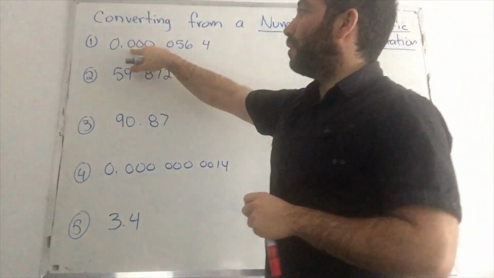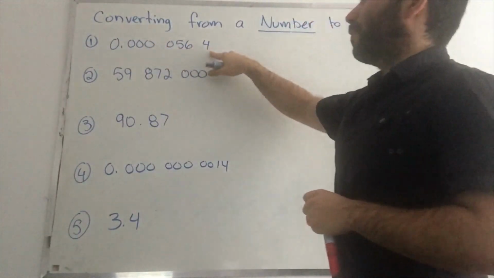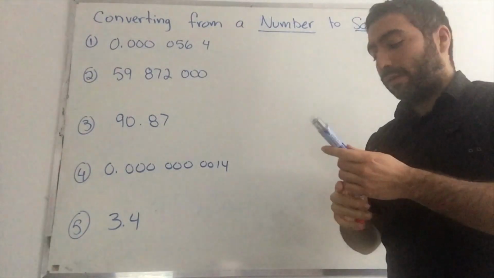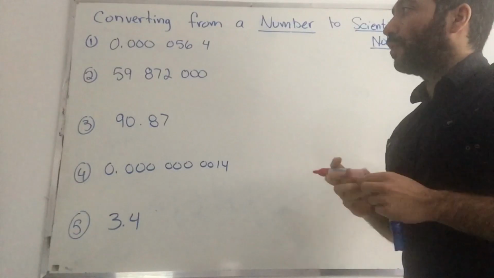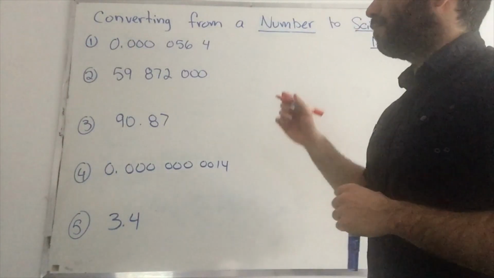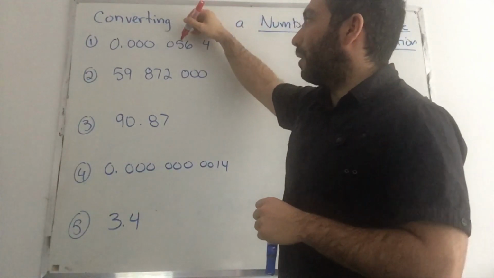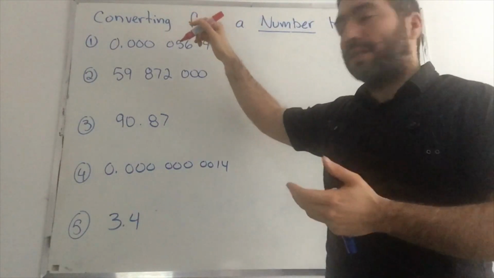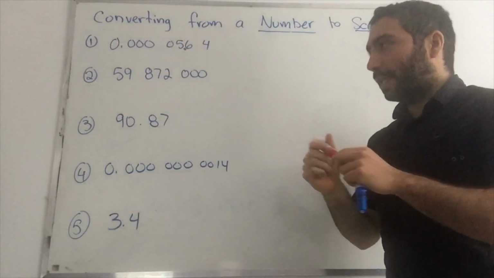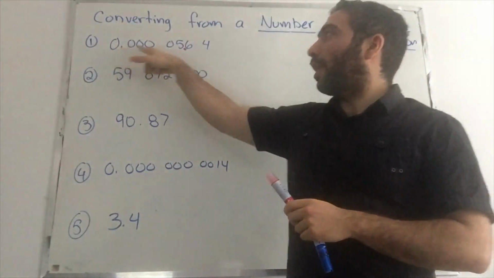We have 0.000564. So you have to catch where you want the decimal place to be. In order for it to be in scientific notation, remember we want it between 1 and 9.99 repeating. We have to put it between the 5 and the 6 in order to get 5.6. We want our decimal place to be here. So the decimal place is currently here. How do we get to here?